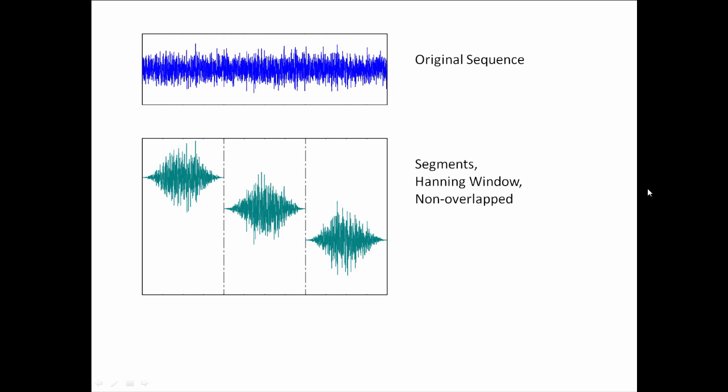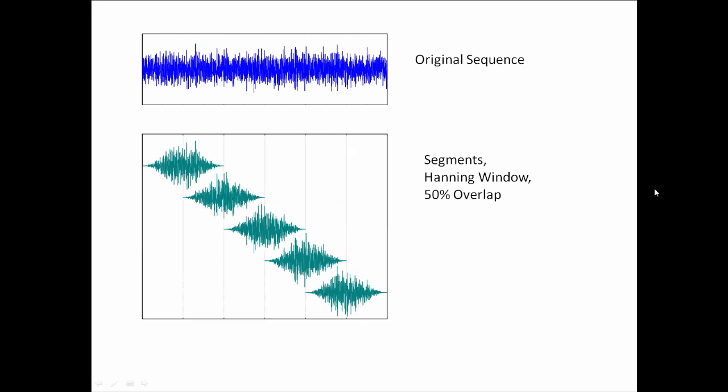So that's a problem. The way we solve that problem is, as I mentioned earlier, we're going to take 5 segments, not 3, and these will be 50% overlapped. We apply the Hanning window to each of the segments with our 50% overlap, and we can recover 90% of the lost statistical degrees of freedom.